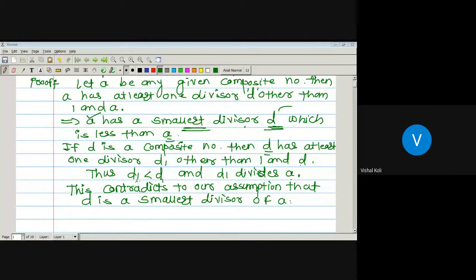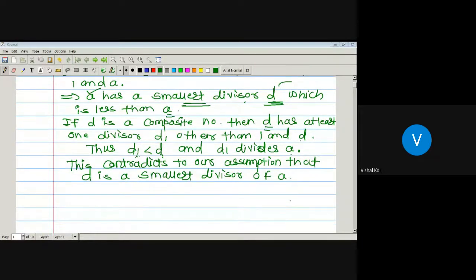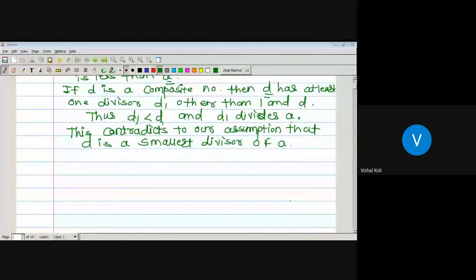This contradiction arises due to our wrong assumption that d is a composite number. Since we supposed d is a composite number, and that is wrong, d is not a composite number, which means the smallest divisor of any composite number other than one is a prime. So d is a prime.